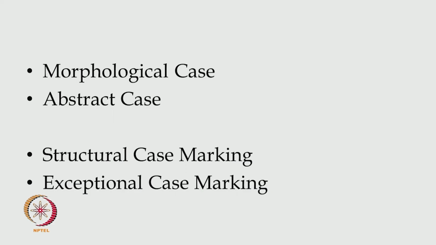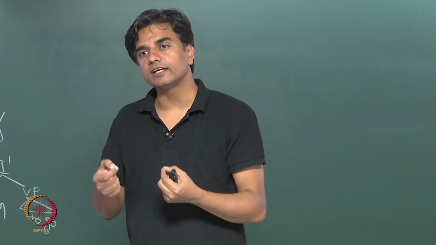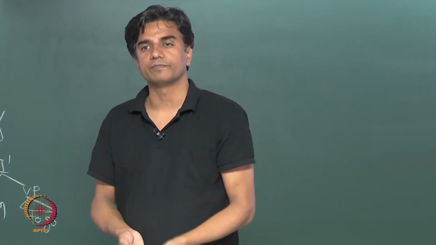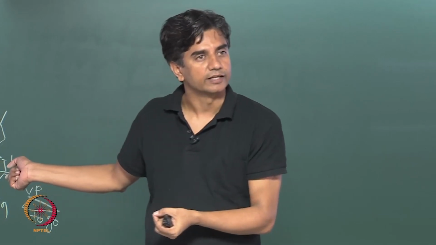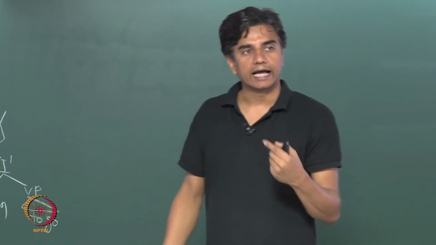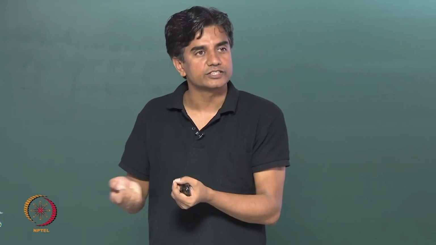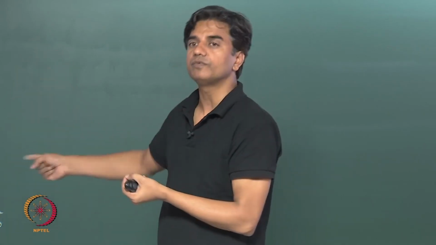And then I wanted you to understand the difference between structural case marking and exceptional case marking. Exceptional case marking is also part of structural case marking, because we are looking at an exceptional way of marking case to a particular NP also within structural notions.